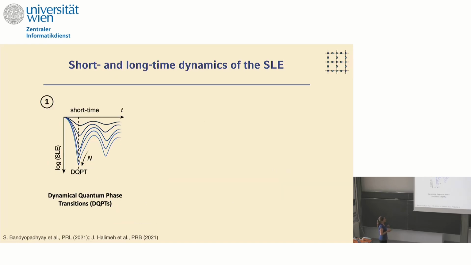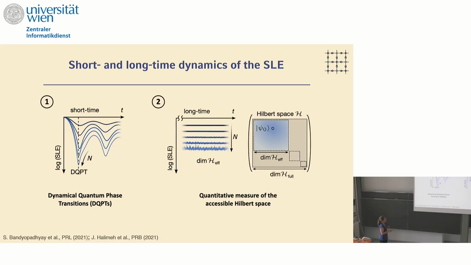And we have looked at two different regimes, short-time dynamics and long-time dynamics, which address two very different aspects of quench dynamics. The first one, to use this quantity to reveal dynamical quantum phase transitions and try to learn a little bit more about what causes them. And the second one, to have a measure of the dimension of the accessible Hilbert space to your initial state.